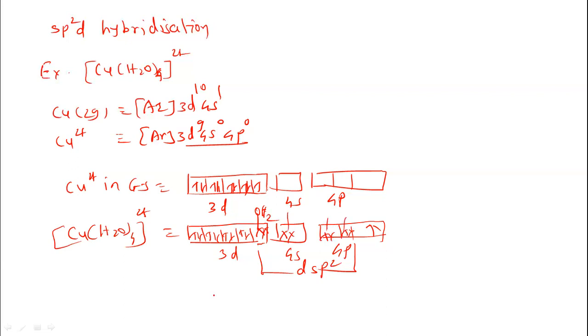So for dsp2 hybridization, the geometry is square planar. The expected geometry is square planar here. Let us show this square planar geometry. It will be in this way.